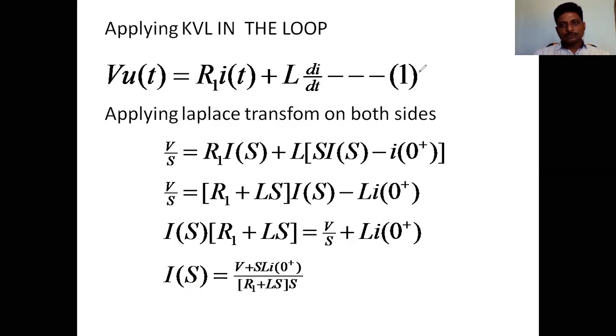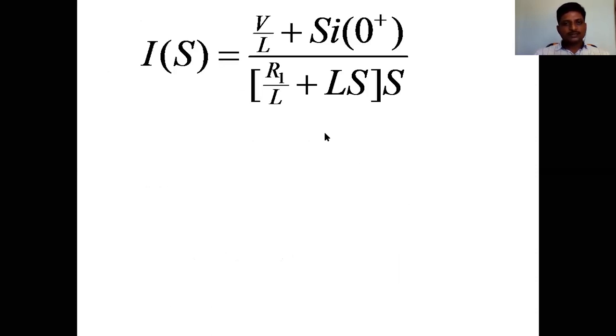If we write it like that, then first we need to find the value of i(0+). Let us see how to find it. This will be the final equation after simplification, where we take 1 as the coefficient of s.